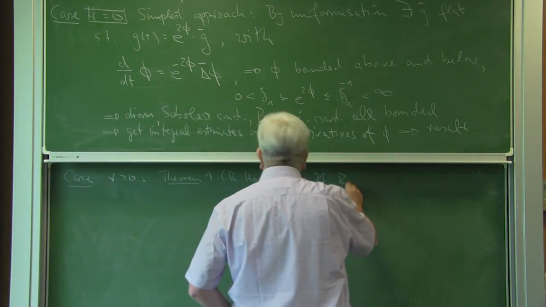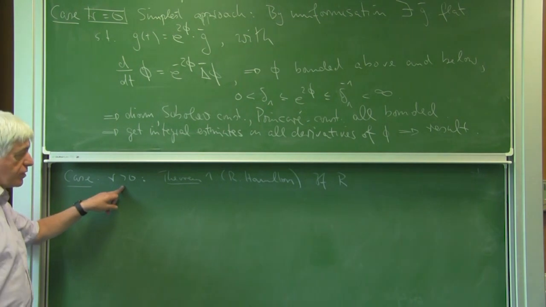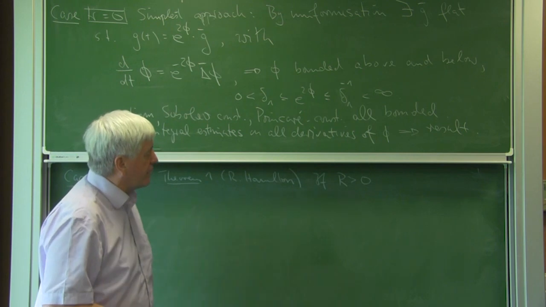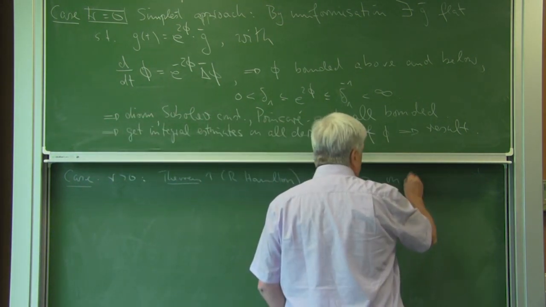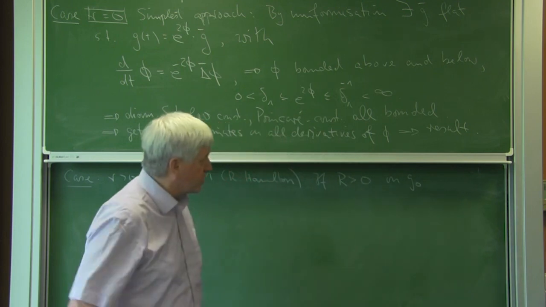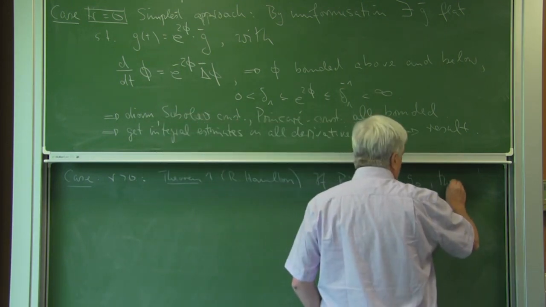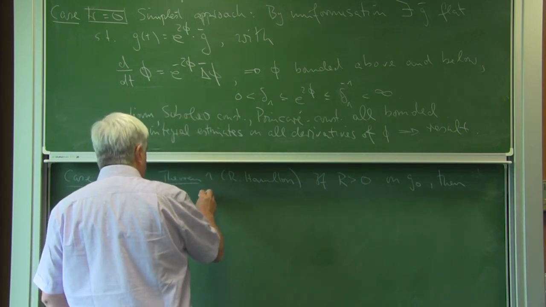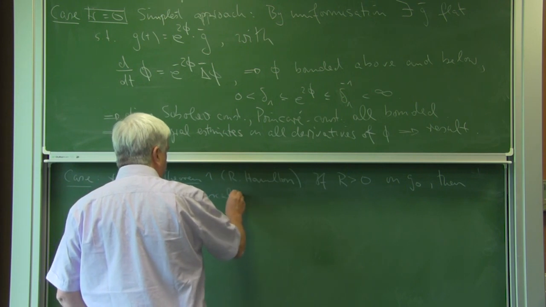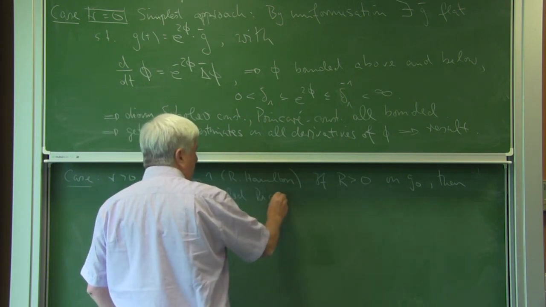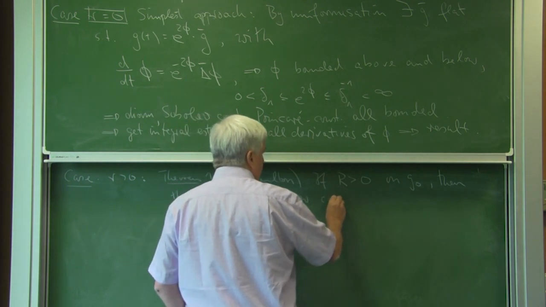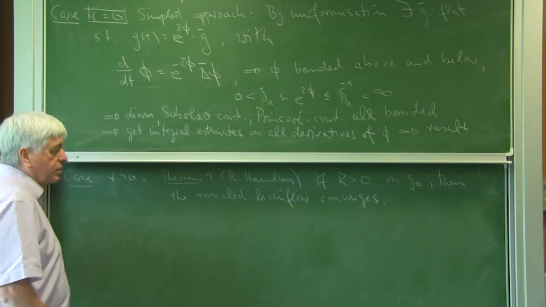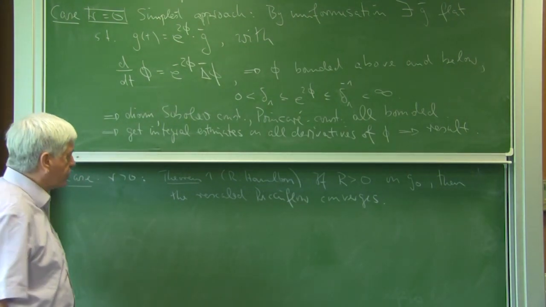If, in addition to the average of the Gauss curvature being 0, the Gauss curvature, the scalar curvature, is strictly positive everywhere on g0, which is then, of course, preserved by the flow, then the Ricci flow converges, again exponentially fast, to the metric of constant Gauss curvature.